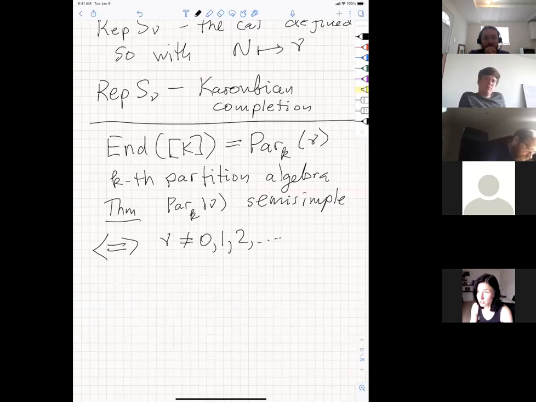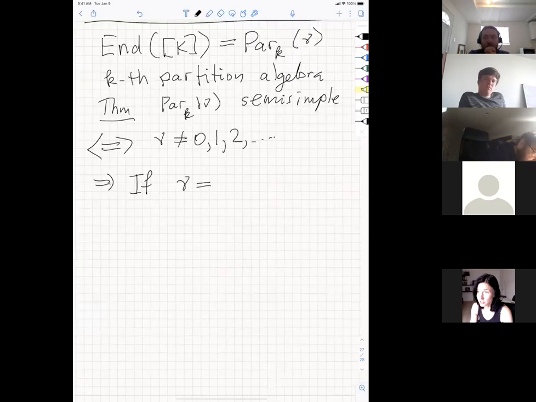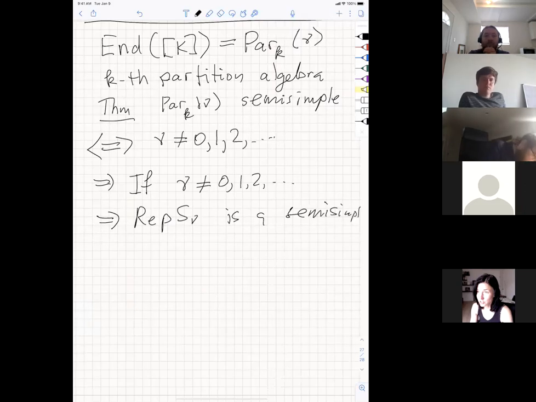And this implies that if nu is not equal to 0, 1, 2, and so on, then this category is a semi-simple symmetric tensor category.